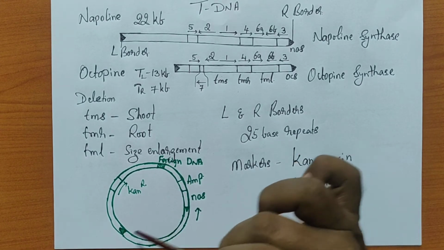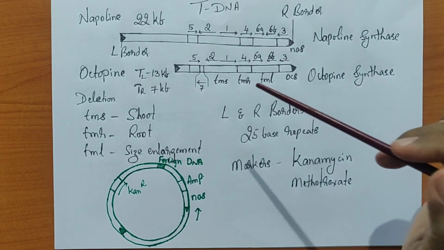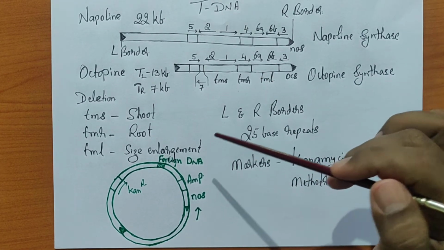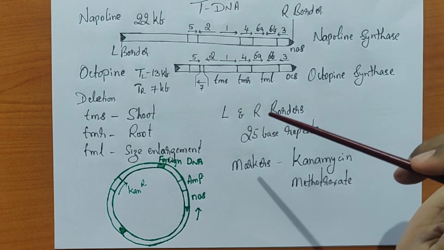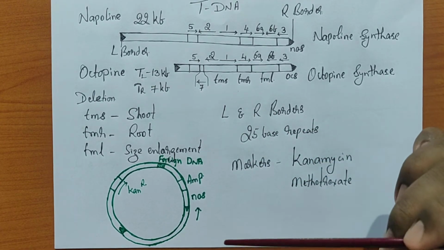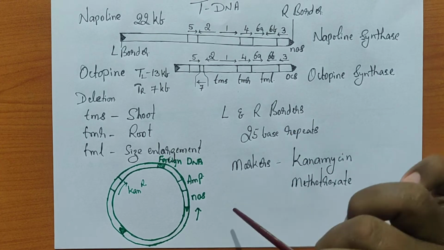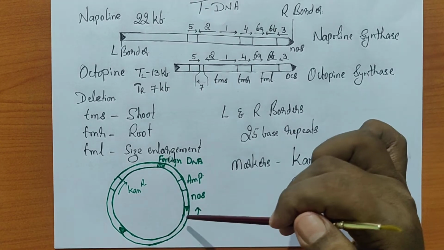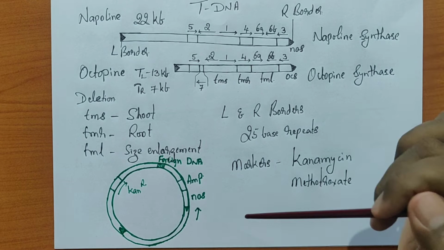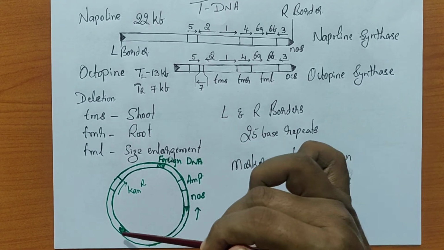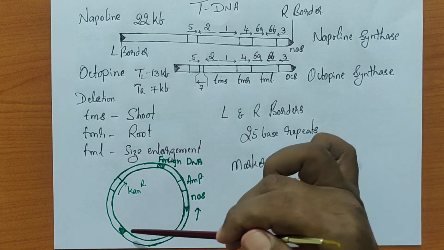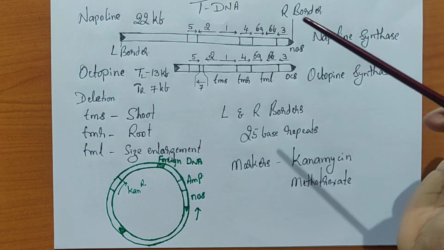Now what happens with this particular plasmid, if you make a protoplast, then you incubate with polyethylene glycol, this vector DNA in presence of calcium chloride. So now this nucleic acid will integrate into this cell. There is a mechanism in which, because of these border sequences, it is going to be transformed into the system.